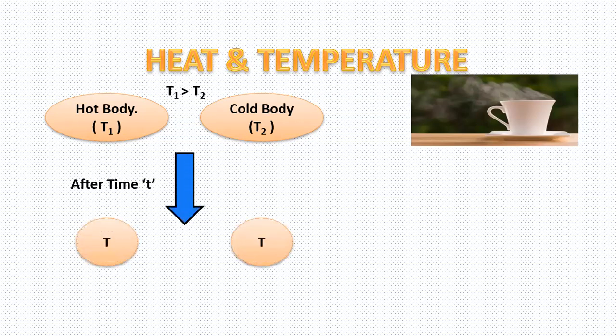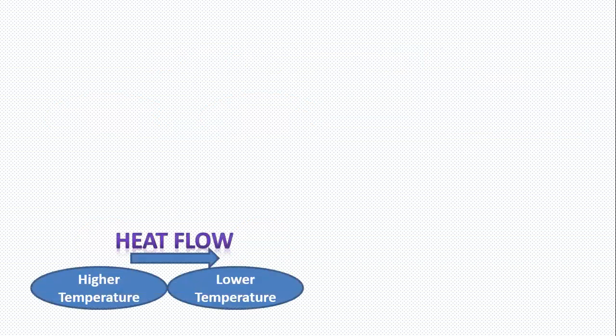After some time, what you found? The temperature of both bodies is the same, that is T. So what happened here is the heat flows from the body at higher temperature to the body at lower temperature.